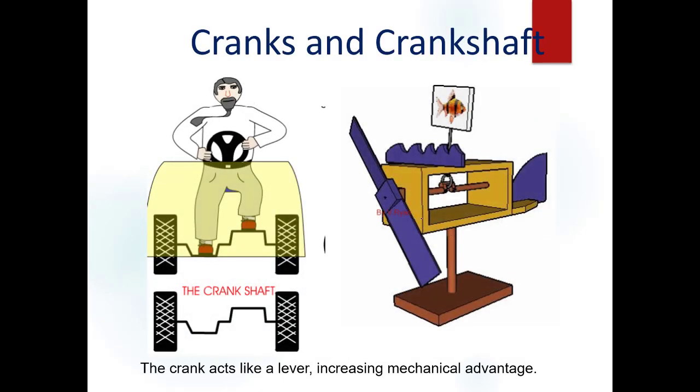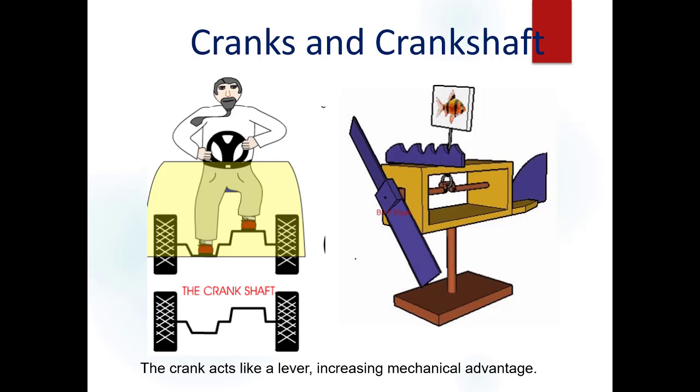Cranks and a crankshaft. If you've ever used any of the pedal boats when you're on holidays or a child's car, then you will have used a crankshaft. Now, a crankshaft acts like a lever, but it allows us to convert rotary motion into linear motion up and down. So in that respect, a crankshaft operates in quite a similar way to a cam and follower.